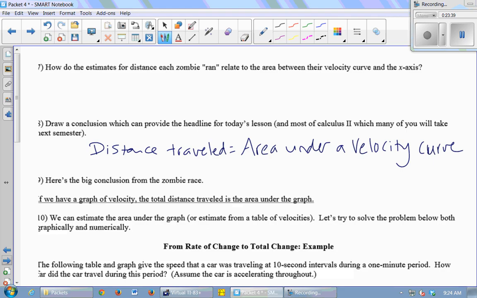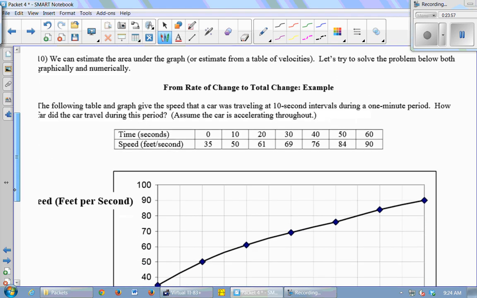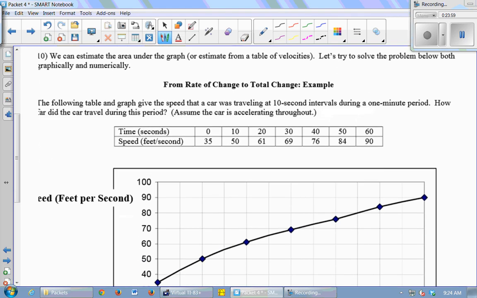And we estimate it by making rectangles, by taking the speed and assuming you have a constant speed over an interval. So we can estimate the area under the graph. Whether we're given a graph or a table of values, we can estimate distance traveled.